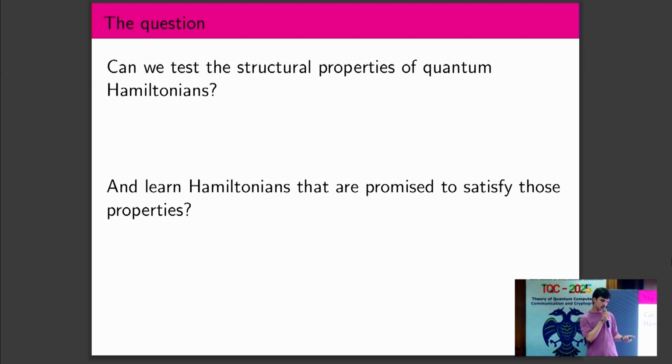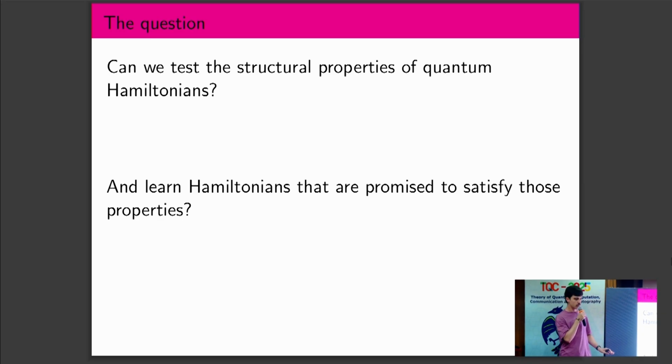And you may also want to go beyond. You may also want to fully characterize the Hamiltonian, but that is very difficult. In general, it requires exponential complexity in the number of qubits, which we don't usually want to do because it's inefficient, but maybe you can do that if you are promised some property of the Hamiltonian. If you are promised some property of the Hamiltonian, you can use that structure in order to provide a better algorithm than a general one to learn n-qubit Hamiltonians.